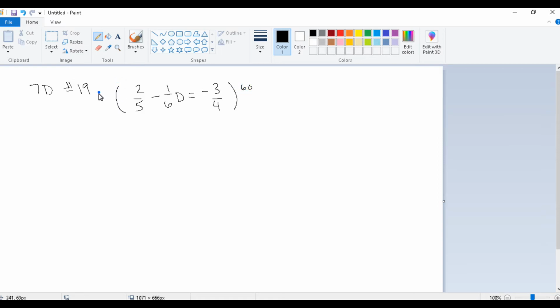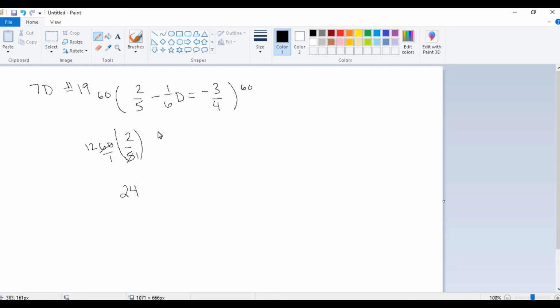So I like to write it on both sides just so I remember that I'm multiplying everything by 60. So when I do that, 2/5 times 60, and I can think of it like 60 over 1. Ooh, my parentheses aren't quite right. All right, we can take 5 out of 60, and that would just be a 1 left, and this would be 12. So now we can multiply 12 times 2 and get 24.